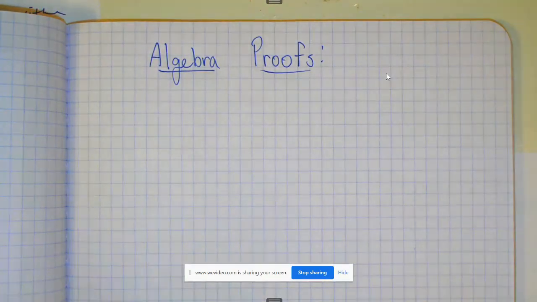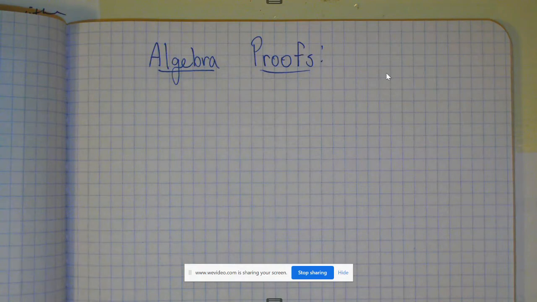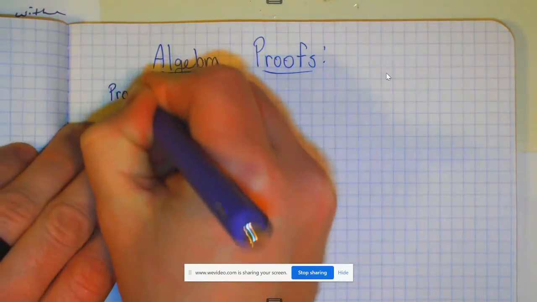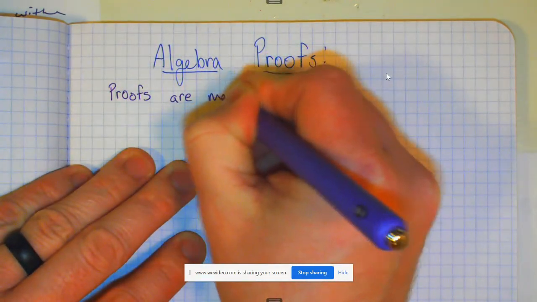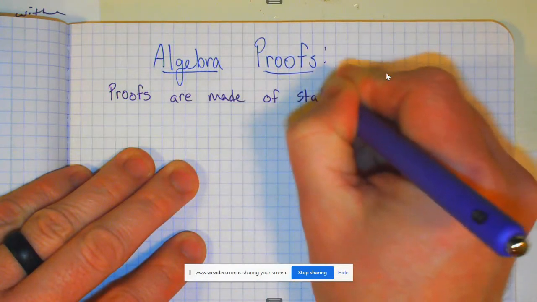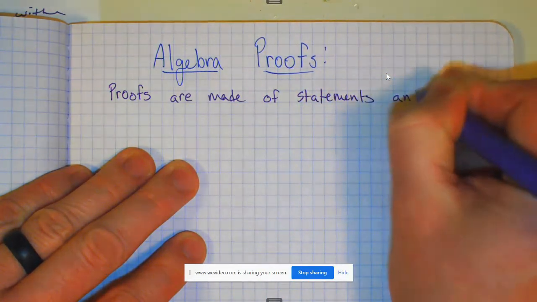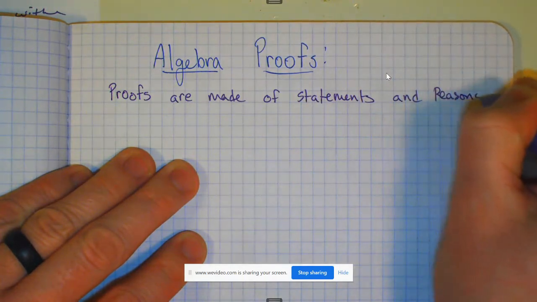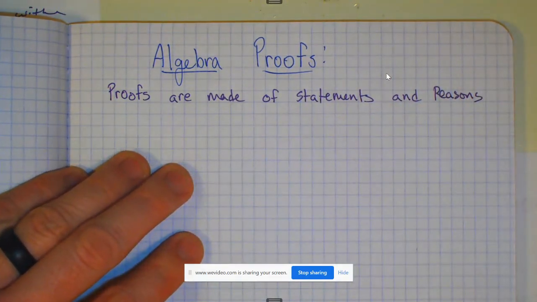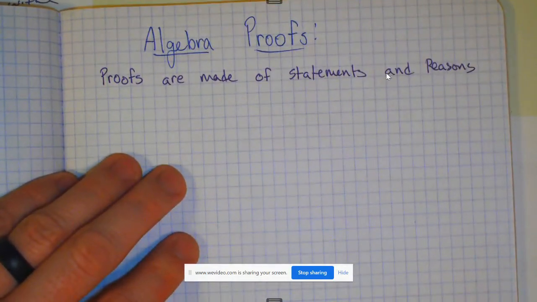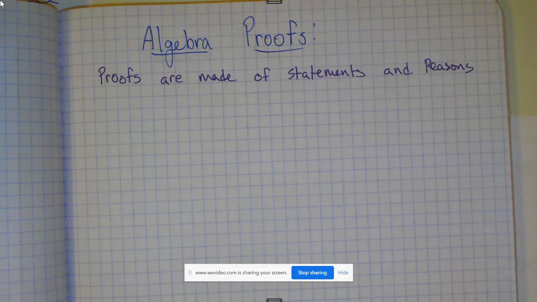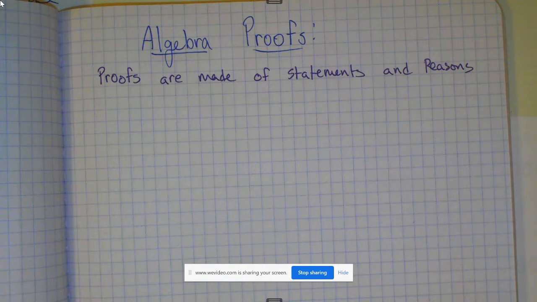What a proof is: proofs are made of statements and reasons, and those statements and reasons support what we're trying to prove, kind of like the hypothesis of what we've been looking at.